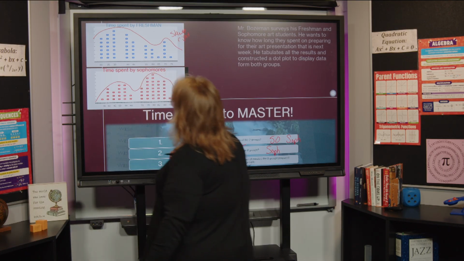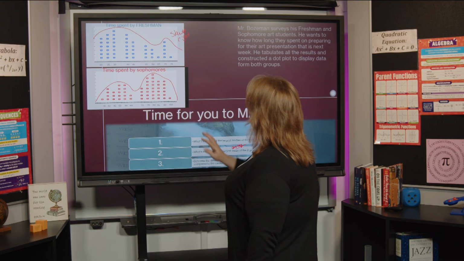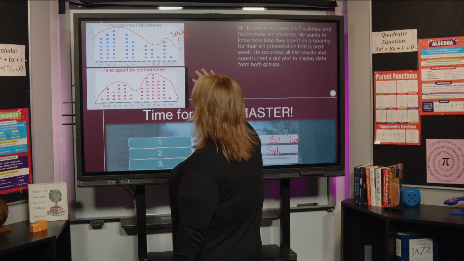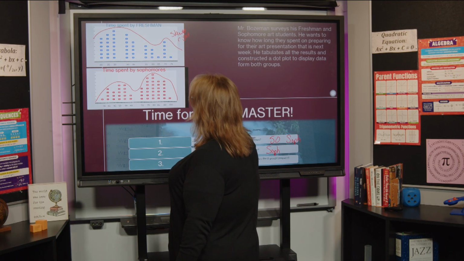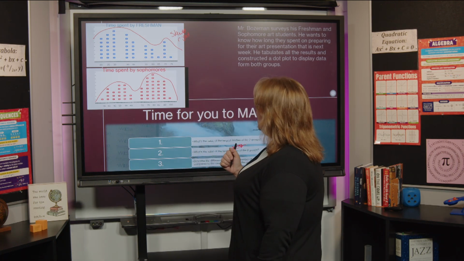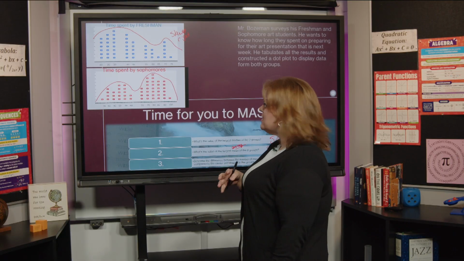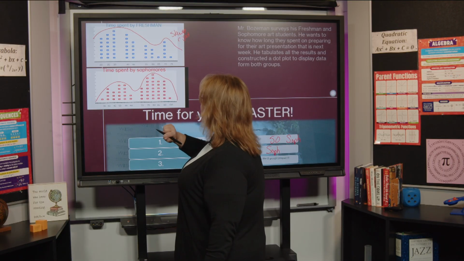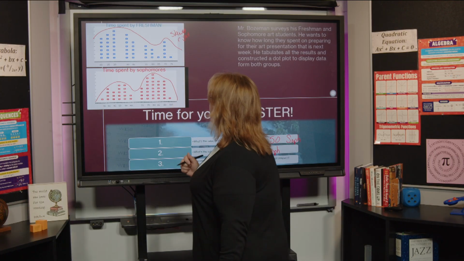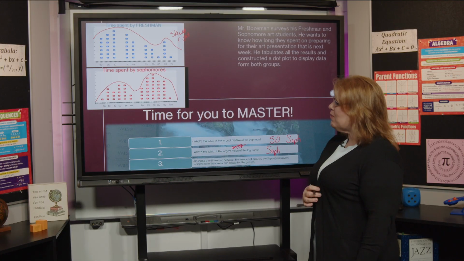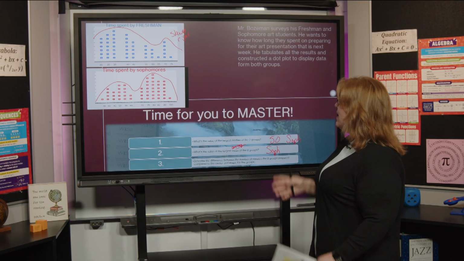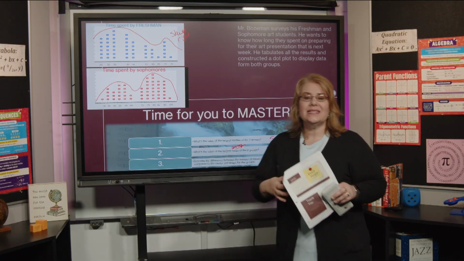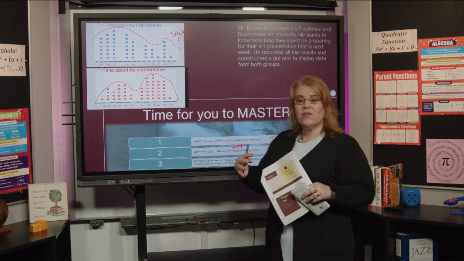I would say it is a little bit more skewed right because my tail is kind of coming down here to the right. Now when I look at my sophomores, I really can't say that it's skewed because I have a good majority of my data and then I have a good majority of my data over here. So I would not say that it is skewed at all. That's how I'm looking at these. This is how I'm comparing this information.